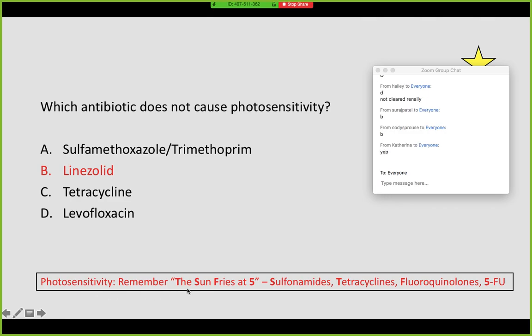But the mnemonic you're going to see for boards is the sun fries at 5. So 5-FU is also, I guess because it's not an antibiotic, but just so you know, the complete mnemonic is the sun fries at 5. If you want to go ahead and get that in your brain.